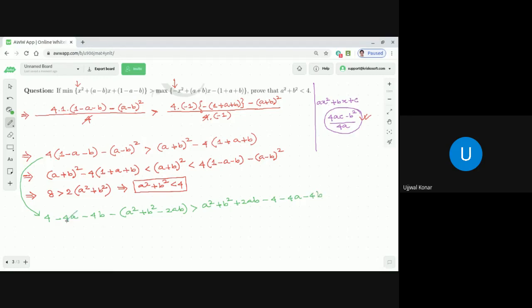So dear students, minus 4a and minus 4a will get cancelled because they are on both sides of the inequality, minus 4b and minus 4b got cancelled.